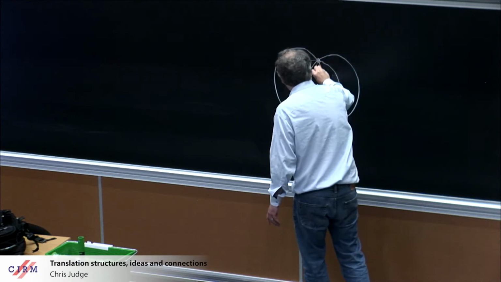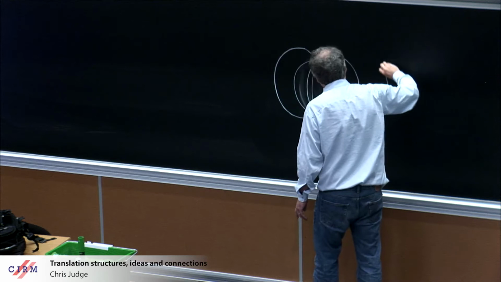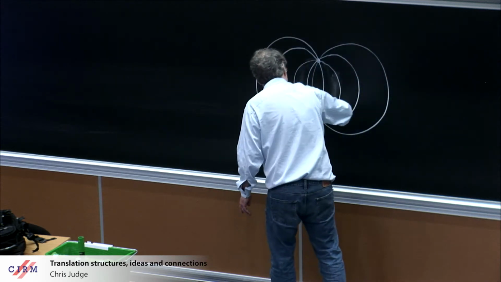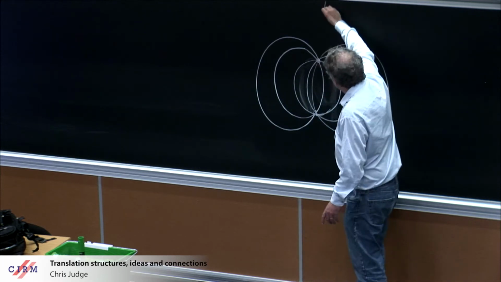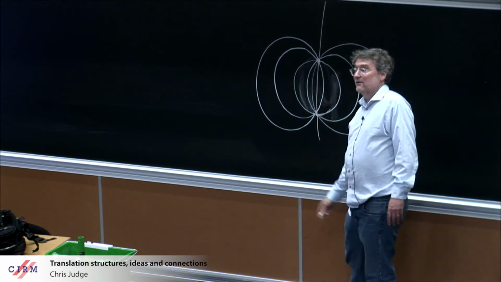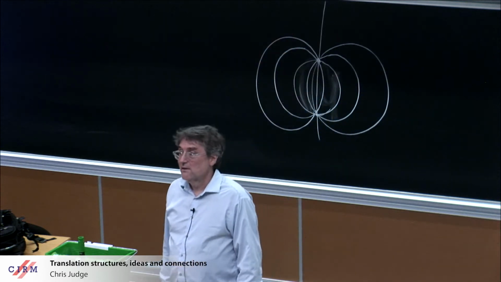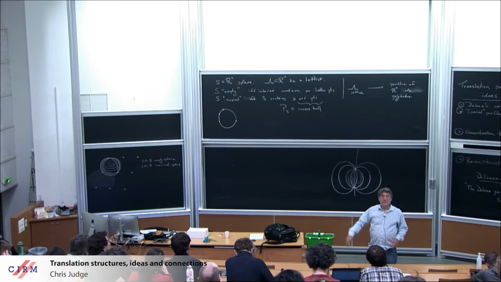It's a compact family of circles because you can add in the circle that goes straight up and down, so you get this whole loop of circles in the space of circles.